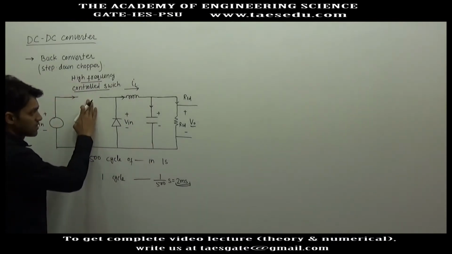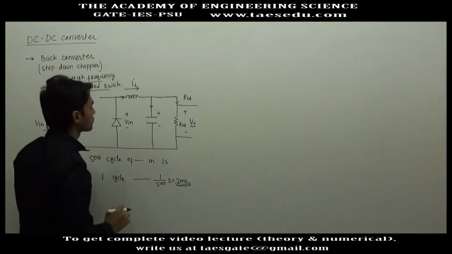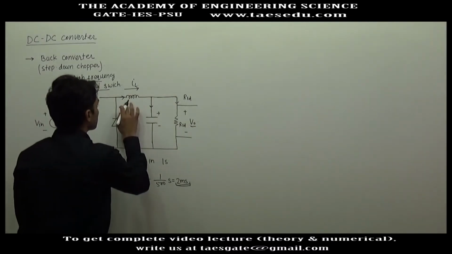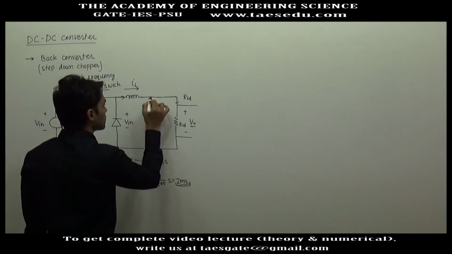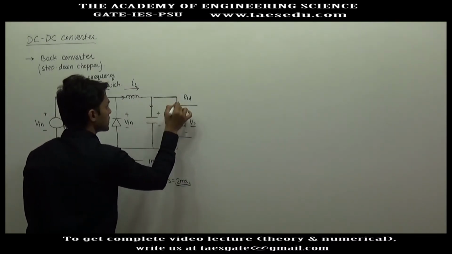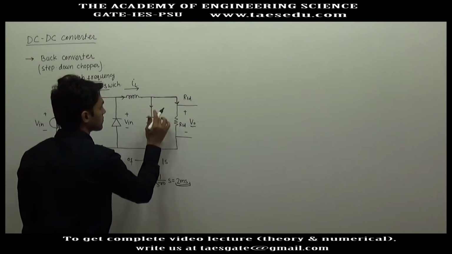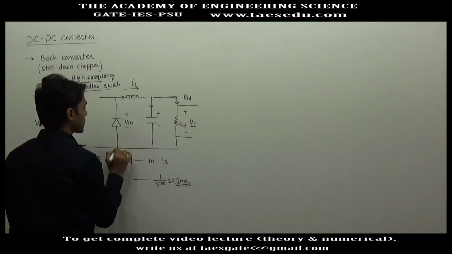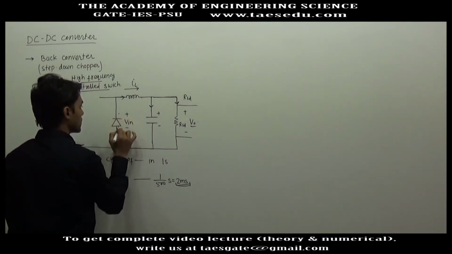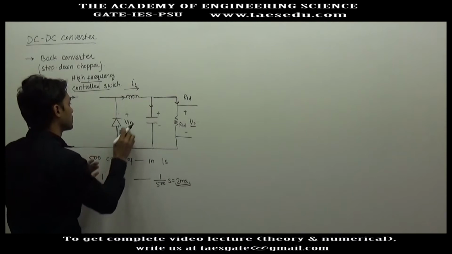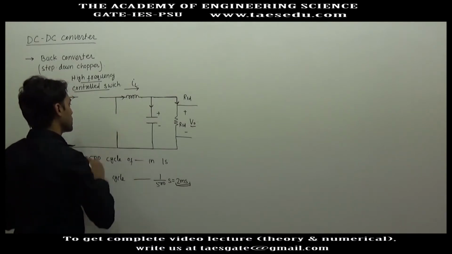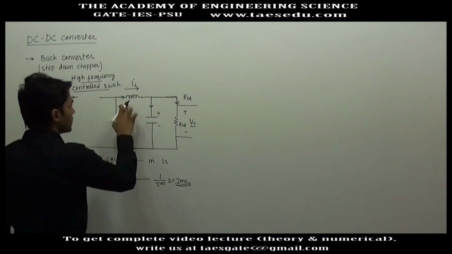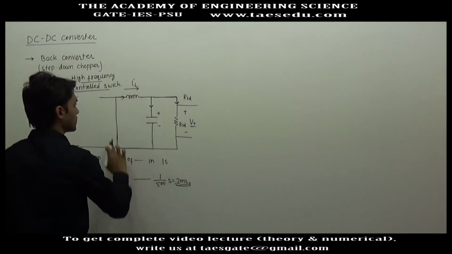Since this path is disconnected, the path of the inductor current will now be through the load resistance and the capacitor, and the inductor current has to flow through this diode. So in this case the diode will be short, and the current will flow through this part.